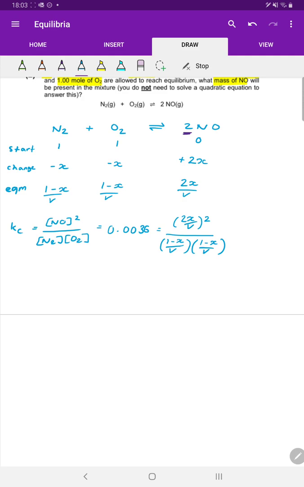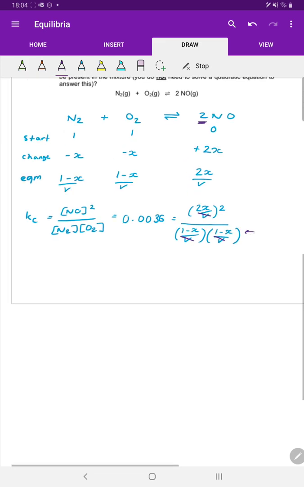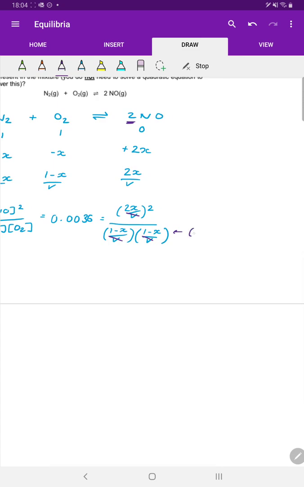First thing we can do is we can start to simplify this equation. First thing I'm going to do is just ignore all the V's. They're all divided by the same volume, so that means that in this case concentration and moles are going to be in equal ratios to each other, so we can ignore V. Also, if we look at our bottom here, we could also write this as 1 minus x squared. So we could write this equation as 2x squared over 1 minus x squared.